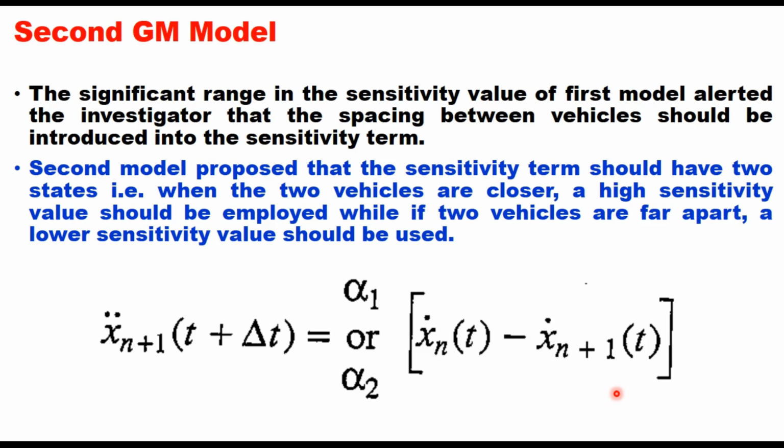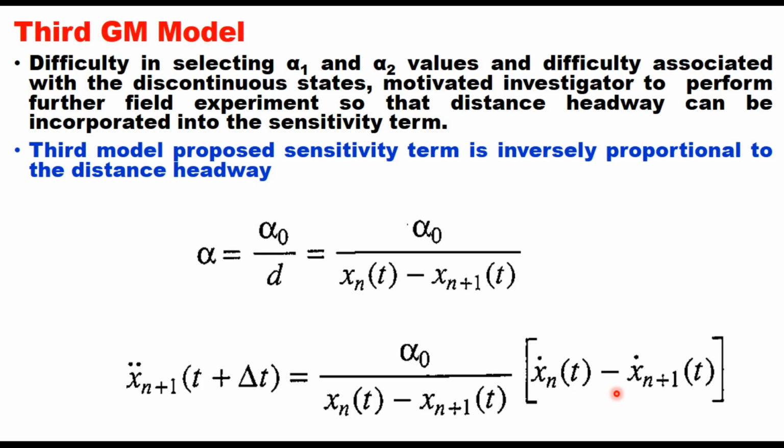And that resulted in the third GM model, because the difficulty in selecting alpha 1 and alpha 2 values, and the difficulty associated with the discontinuous states, motivated investigators to perform further field experiments so that distance headway can be incorporated into the sensitivity term. And therefore, the third model proposed that the sensitivity term is inversely proportional to the distance headway.